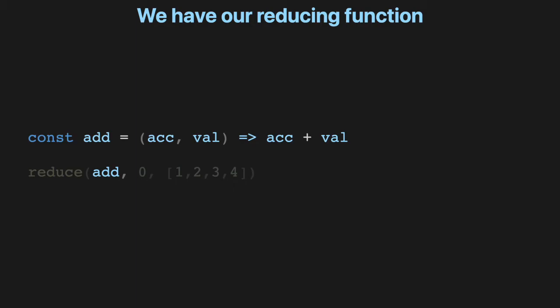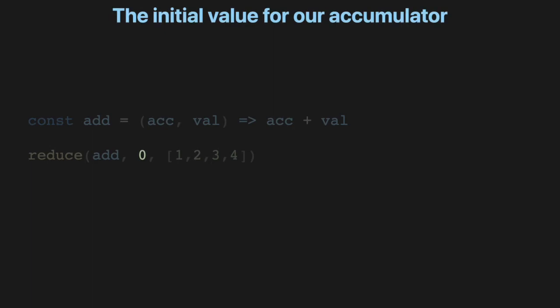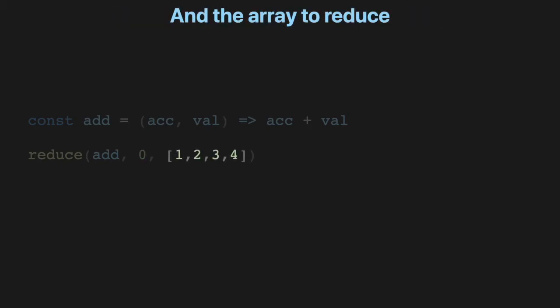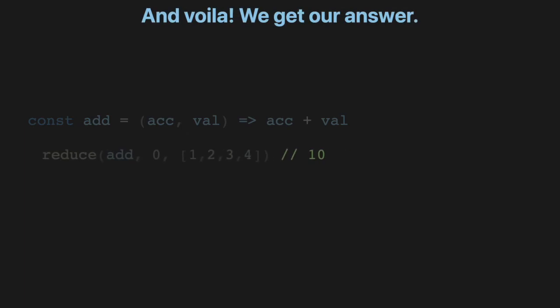The reducing function's job is to take a current value and a next value and smash them together. So the reduce function takes that reducing function, then the initial value for the accumulator, and then the array, and then we finally get our answer.